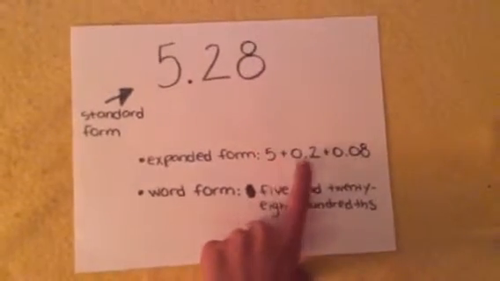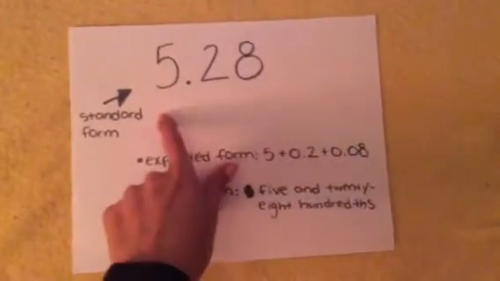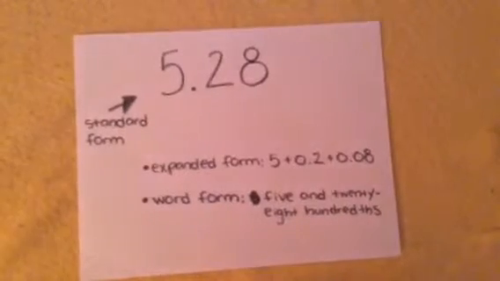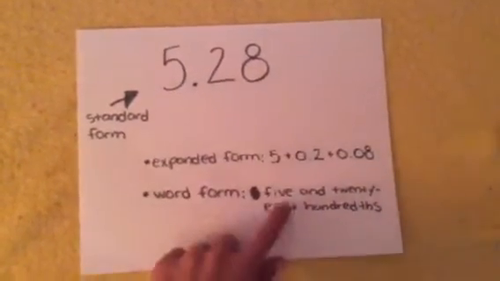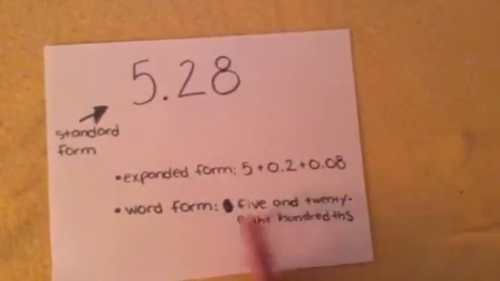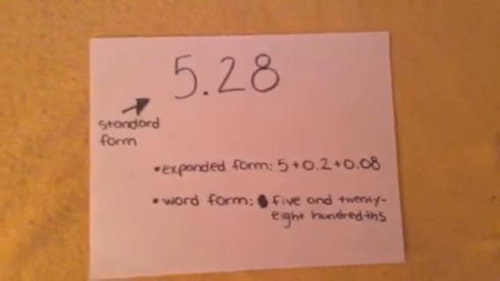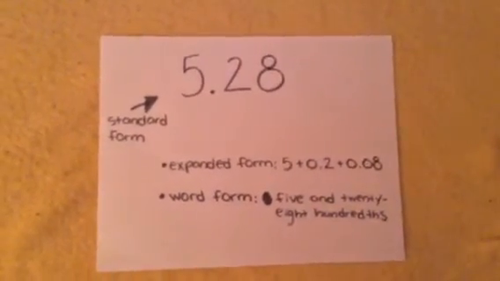So 5 plus 2 tenths plus 8 hundredths will give you 5 and 28 hundredths. Now word form, again, the trick is to just read that number out loud and then write what you're reading out loud. So you have 5 and 28 hundredths. So again, standard form, expanded form, and word form. So good luck.